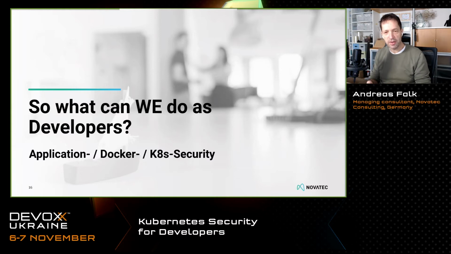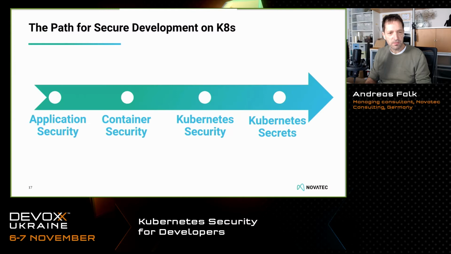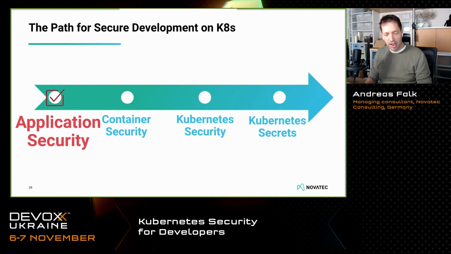We will concentrate on the developing part. What can we do as developers to make this a bit more secure? So this is the path for secure development for today's deep dive session. We will now start with application security and then go further to container security, Kubernetes security, and Kubernetes secrets.